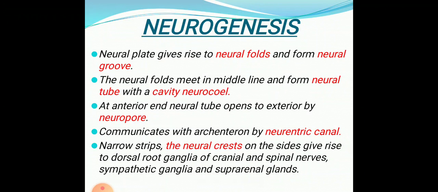Anteriorly the neural tube opens to the exterior for some time by the anterior neuropore. That is the third point: at the anterior end the neural tube opens to the exterior by the neuropore, and it closes soon. Posteriorly the neural folds enclose the blastopore in such a way that the neurocele communicates with the archenteron through the blastopore.